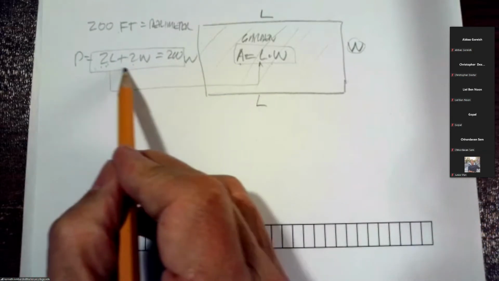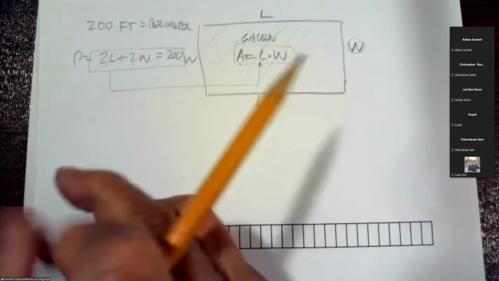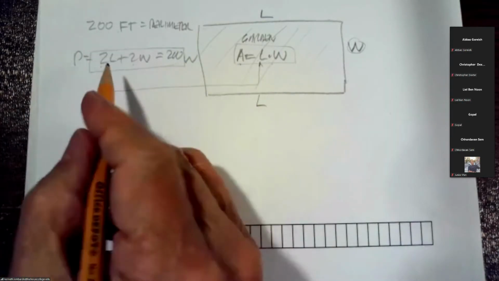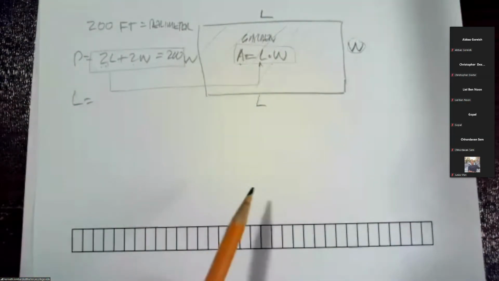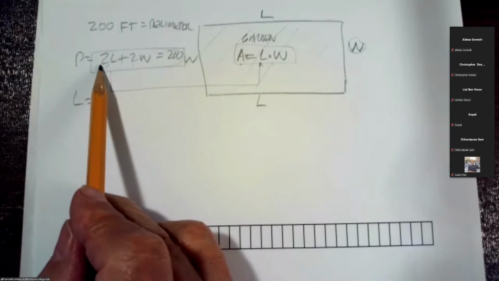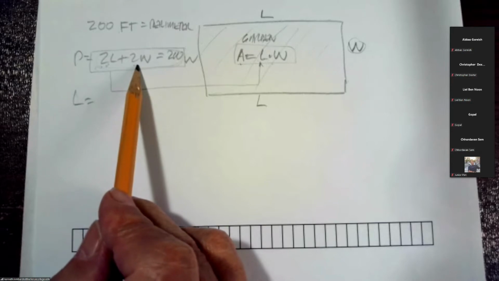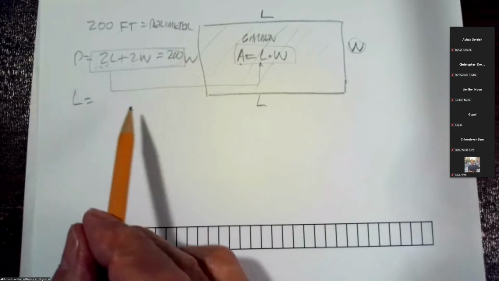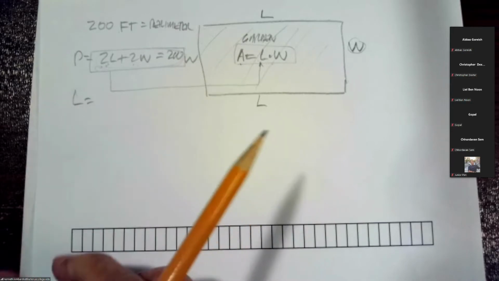So can we solve this equation for L? What do we get when we solve that equation for L? L equals what? So that's what I'm going to ask you to do. Solve this equation right here for L. 2L plus 2W equals 200. Or L equals what?